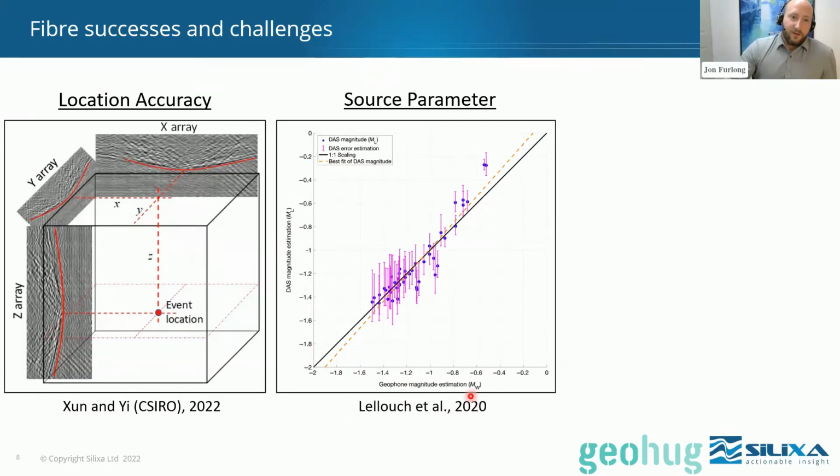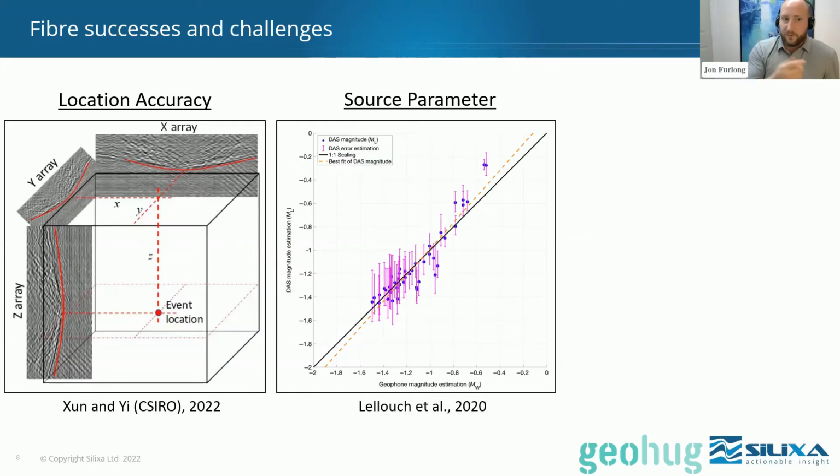But that's kind of the point here. When we look at geophone data, this is an example from Ariel Lellouch, who used FORGE data, which is a Utah geothermal project where they had geophones and DAS. He was able to calculate the magnitudes for both the DAS and the geophones, and he did a little regression to see how good the fit is, and it was quite high. So we're doing good work.